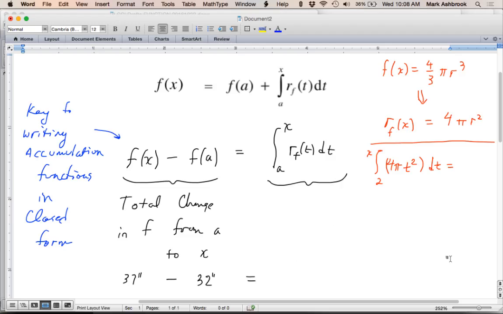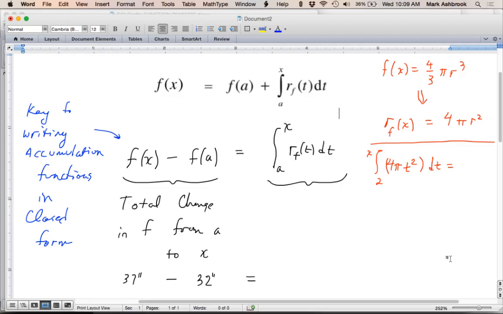What is the integral from 2 to x of 4 pi t squared dt? Did I call on Dylan already? You want to try this one? Okay, we're just going to apply this right here. What does an integral from a to x of r of t dt equal? Just apply this. Equals means they're the same. So what does this equal? Just apply it. Yeah, go ahead.